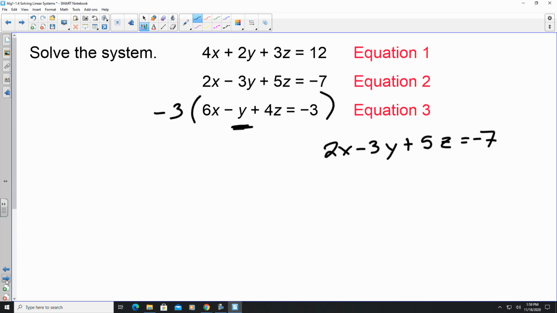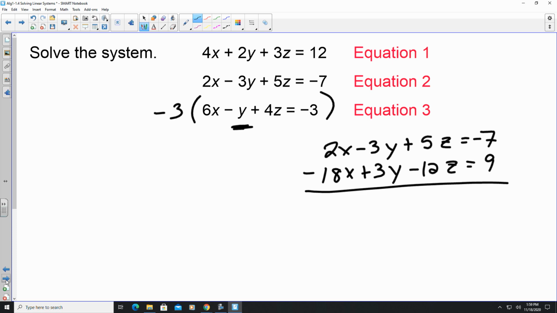When I do that, I get negative 18x plus 3y minus 12z is equal to positive 9. So this gets canceled and I combine everything else that doesn't get canceled. Now I get negative 16x minus 7z is equal to 2.